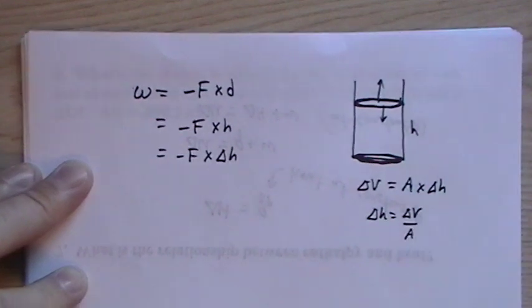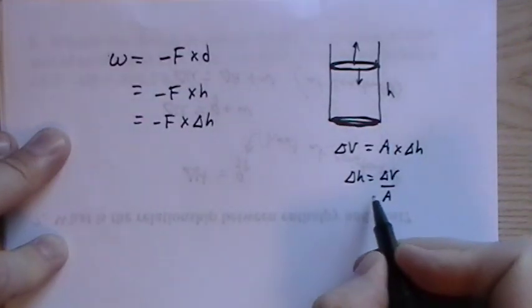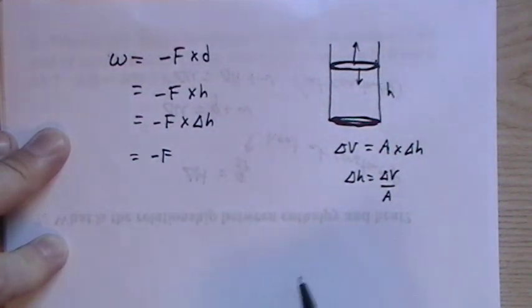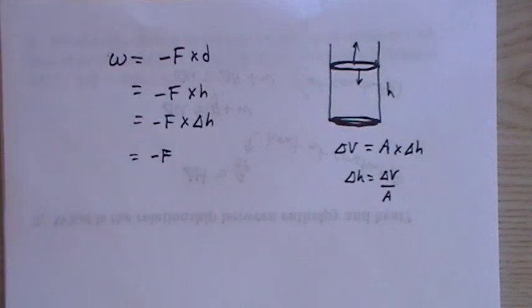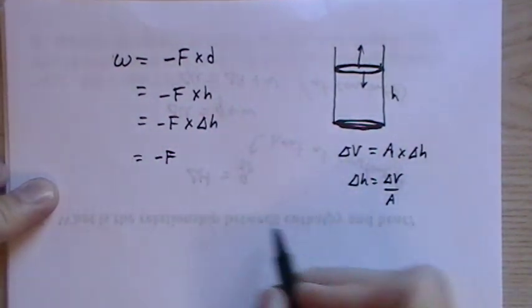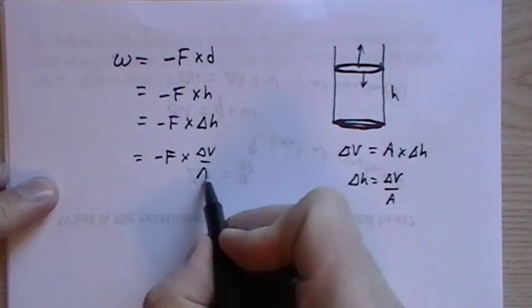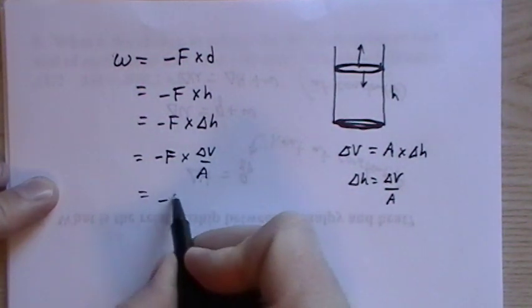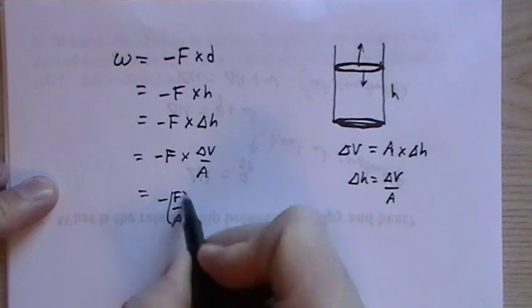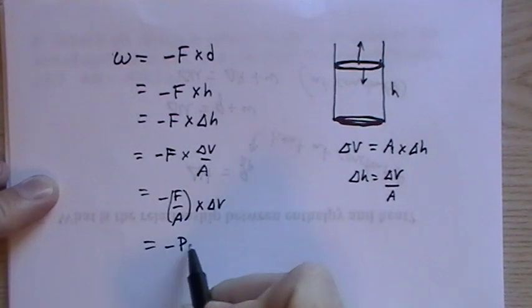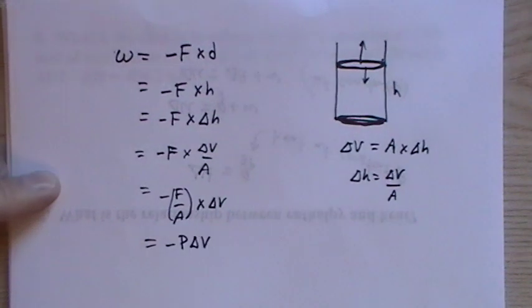We do this because we're interested in the change in volume rather than the change in height, because we can use the volume in our gas laws. So there's nothing wrong with stopping here, but it's not going to help us as much as changing over to volume. Now, if we rearrange this a little bit, we get this form, and the force over area is the pressure, and we're going to assume that's constant.